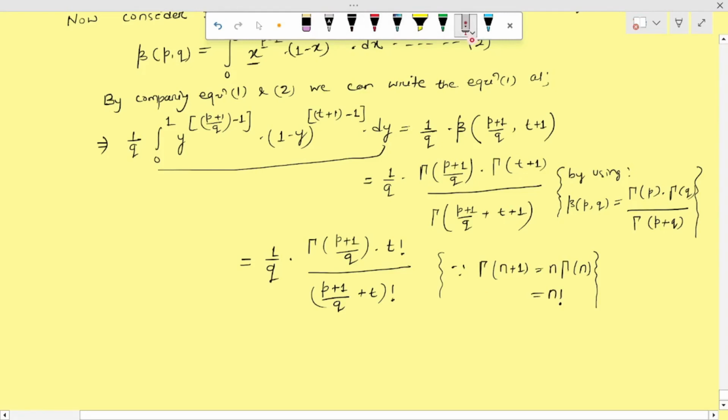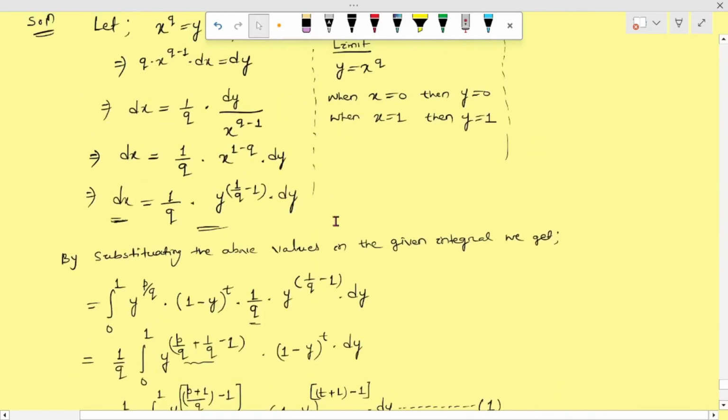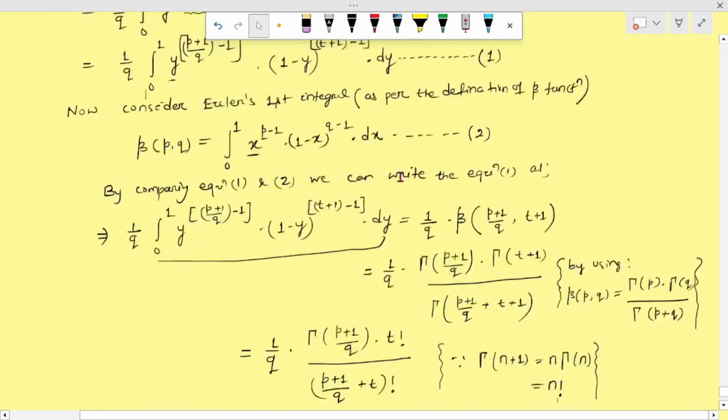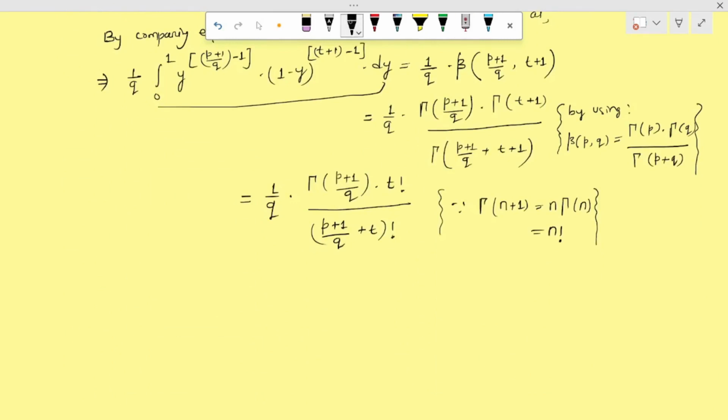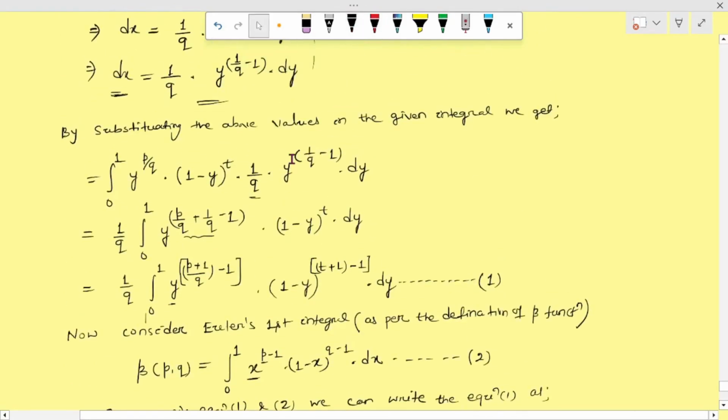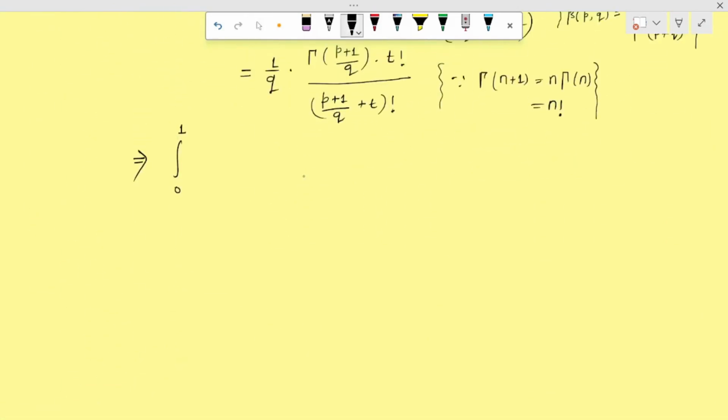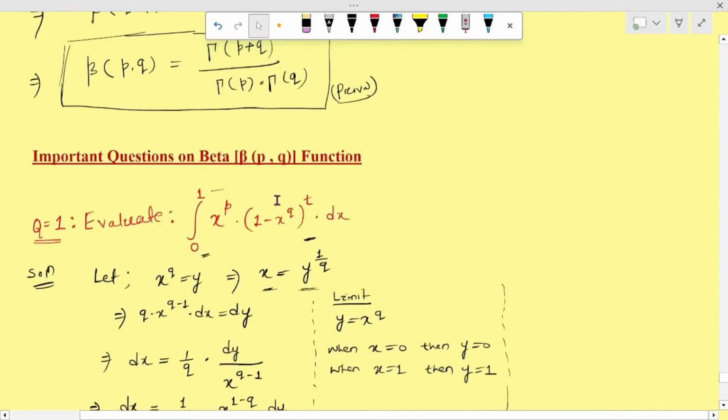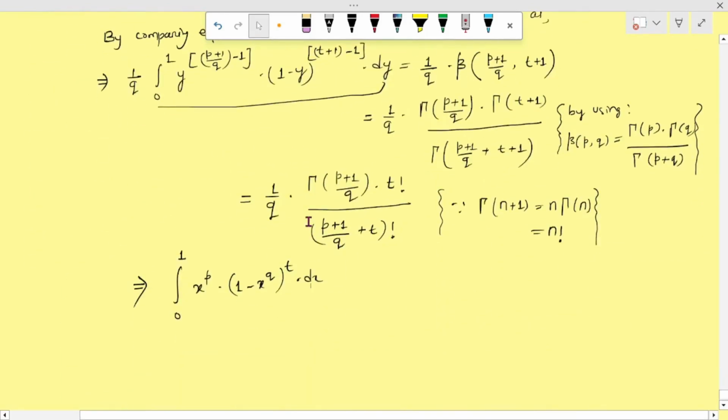Here gamma p plus 1 by q plus t plus 1 can be written as p plus 1 by q plus t factorial. So finally we found the answer of this question. So the evaluation of this integral, finally I'm going to write. That implies what we found, that the integration from 0 to 1 of x to the power p into (1 minus x to the power q) to the power t dx, that much was there, right?